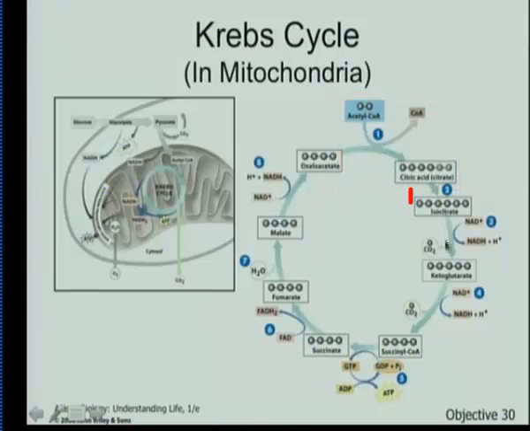And as we come down, we pull off 1, now we're down to 5. We pull off another, now we're down to 4, comes back around, add 2, take away 2, add 2, take away 2. Okay? And then here are the NADHs that we make, the FADH2 that we make, as well as our ATP. But again, we go through this twice, so we get 6 total NADHs, 2 total FADH2s, and 2 ATPs out of this process.